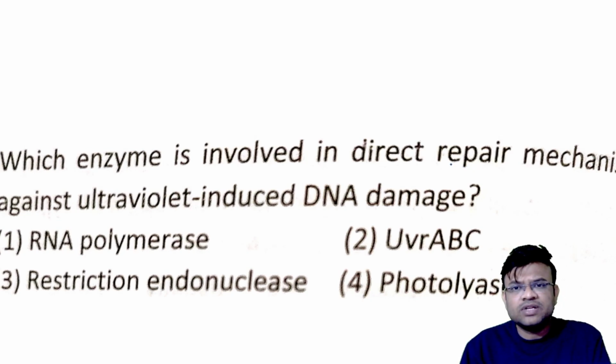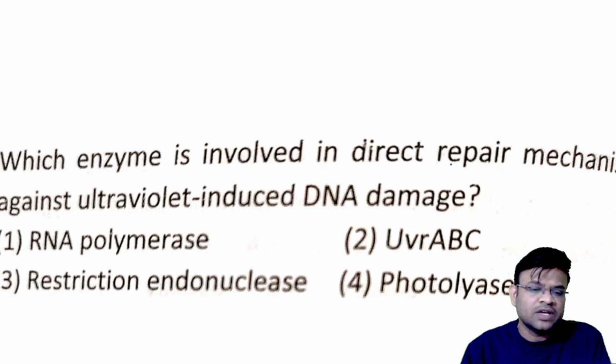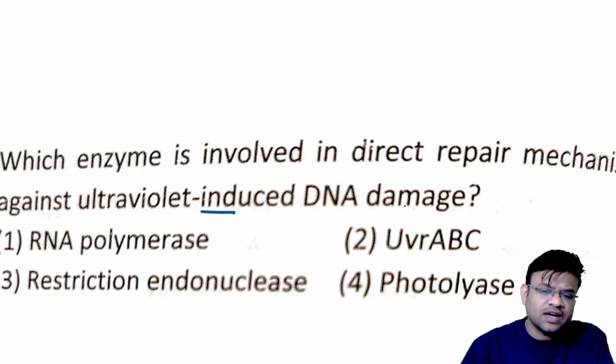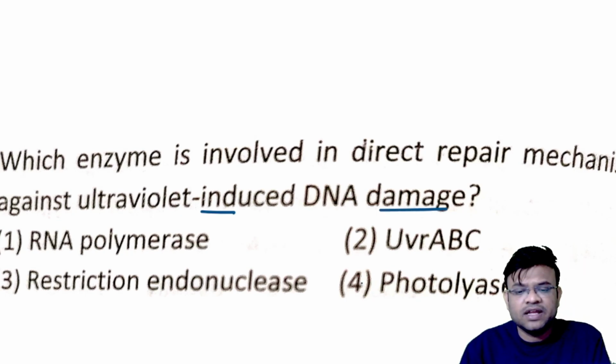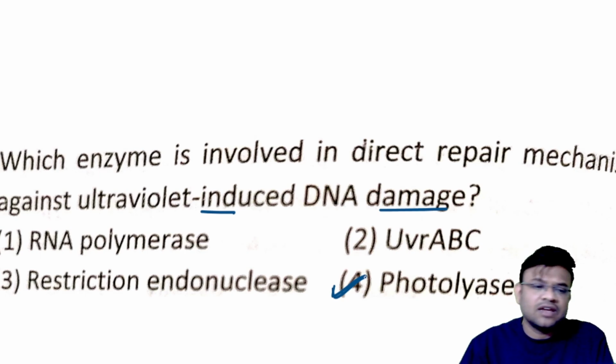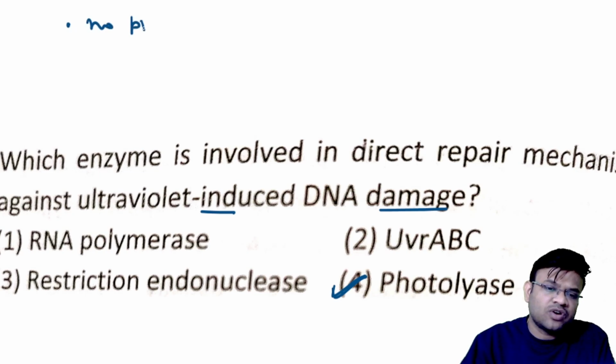We have talked about this in my previous class. Unfortunately, we did not do the question at that time. Ultraviolet induced DNA damages are actually treated by DNA photolyase enzyme. It utilizes blue light and it is involved in direct repair system. Direct repair system is called direct repair because no phosphodiester bonds are broken.